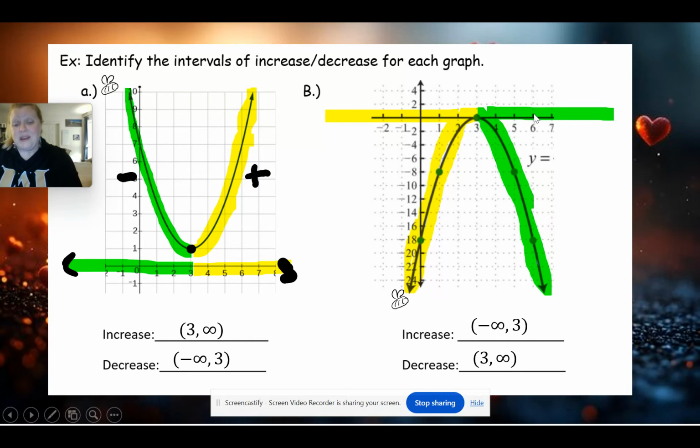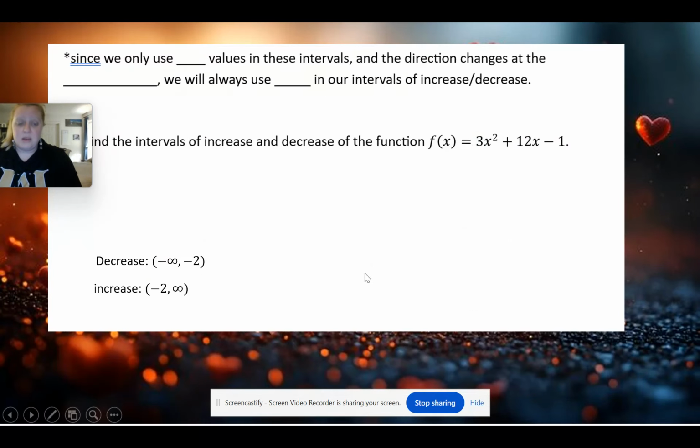And when it comes to x values, we deal with left and right. So right forever means positive infinity. So good rule of thumb is to only use x values when you're telling me your intervals. You don't ever use y values in them. So sometimes that is a saving grace for students. If they're not sure which number to use, the x coordinate of that spot.